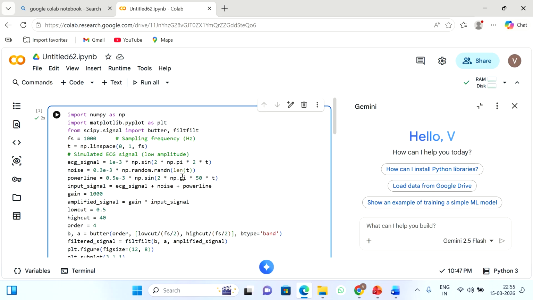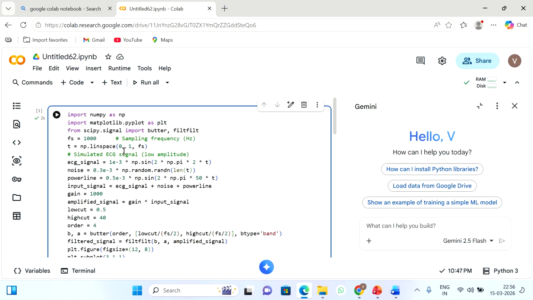So, the time axis is the same as what we have used for the ECG signal, because whatever the processes applied on ECG, the same thing will be applicable to the noise also. That is why the time length should be the same and uniform for both cases.